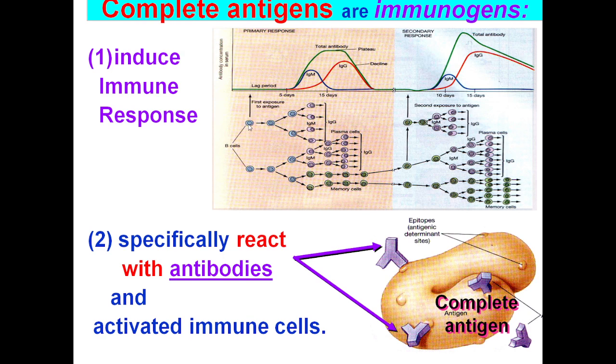The antigen becomes engulfed by the antigen-presenting cells, the macrophages or dendritic cells, and they present antigenic peptides of the antigen to T cells, to helper cells, for example. At the same time, B lymphocytes capable of recognizing this antigen recognize it directly and start to proliferate.